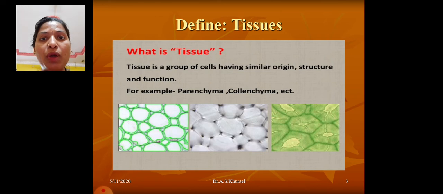We all know about cells. Cells are the basic structural and functional unit of life. Cells perform the function of cell division, and a cluster of cells makes a tissue.